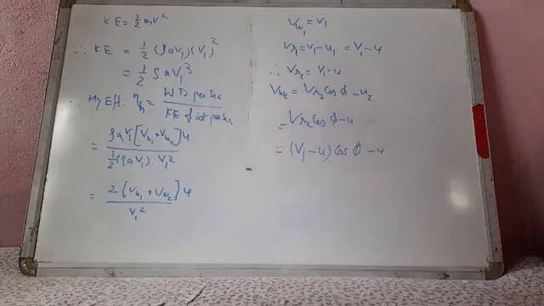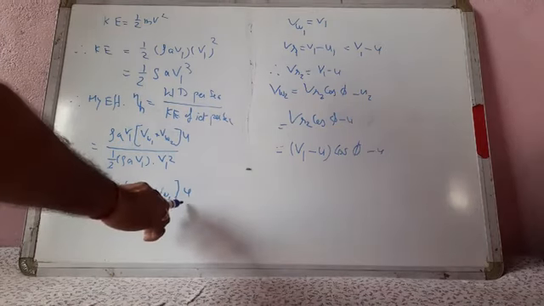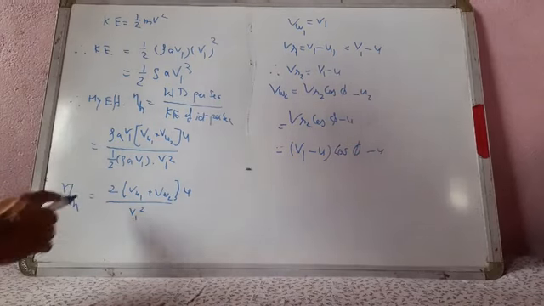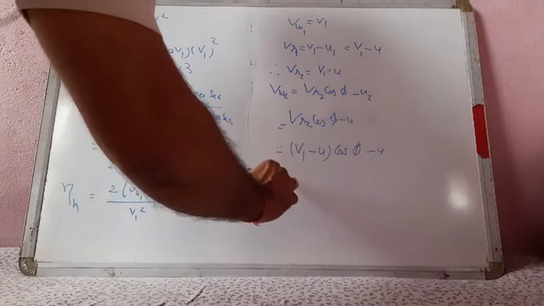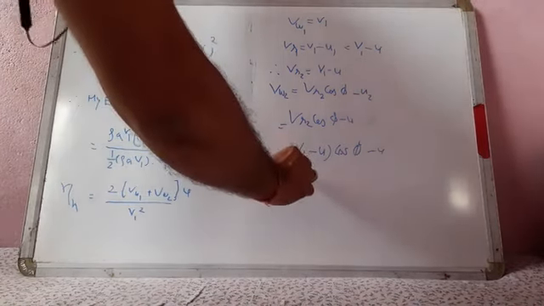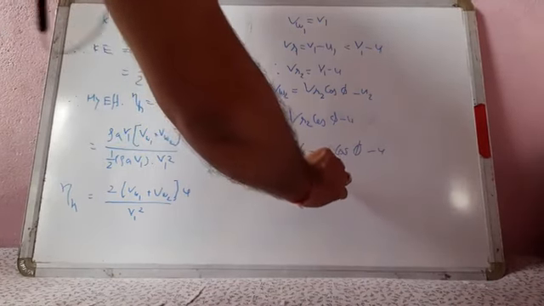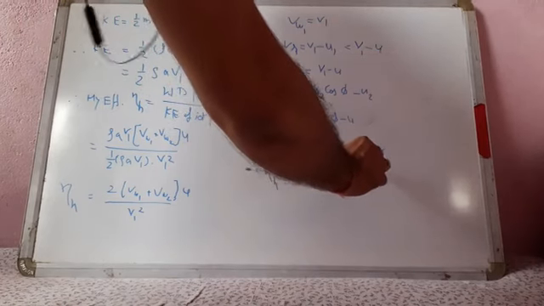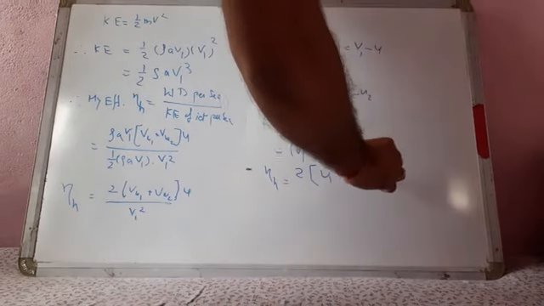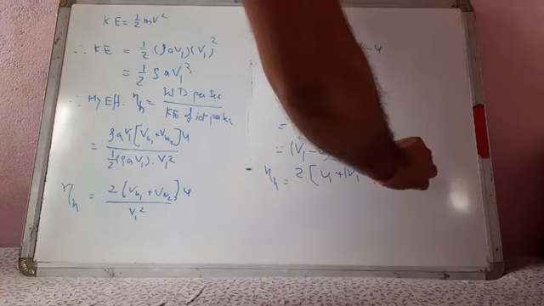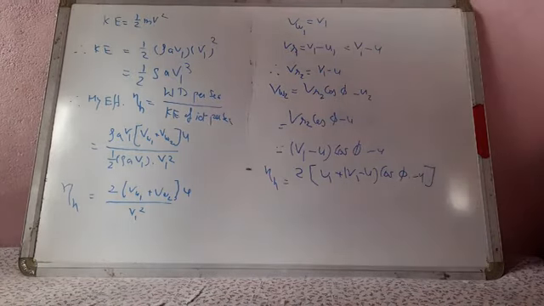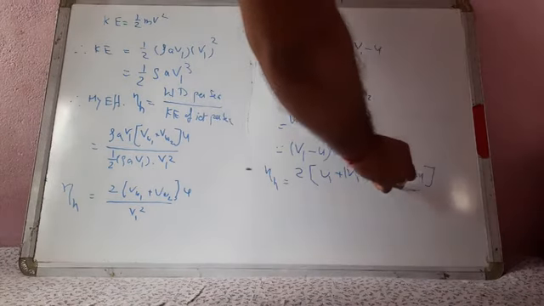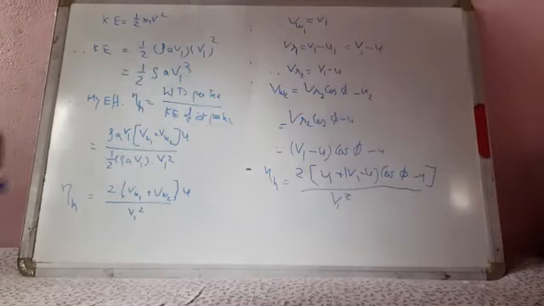Substituting the values of VW1 and VW2 in the earlier equation for hydraulic efficiency, eta hydraulic is equal to 2 into V1 plus (V1 minus u) cos phi minus u into u, divided by V1 square.